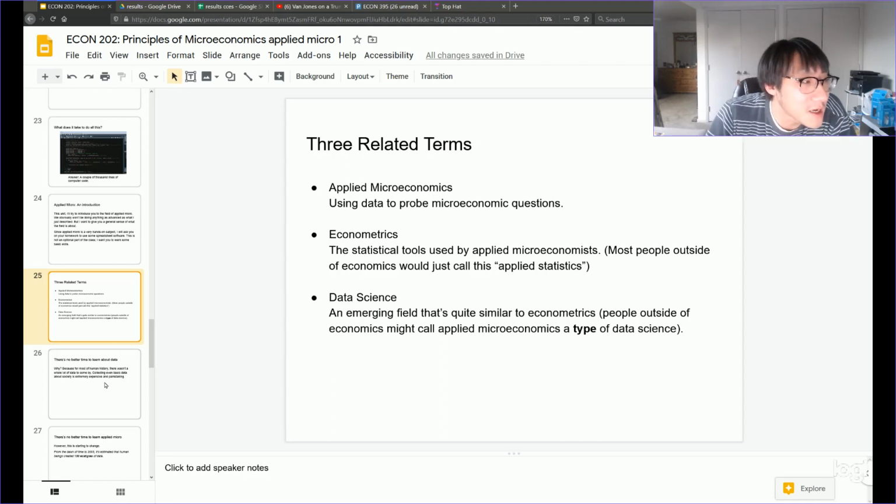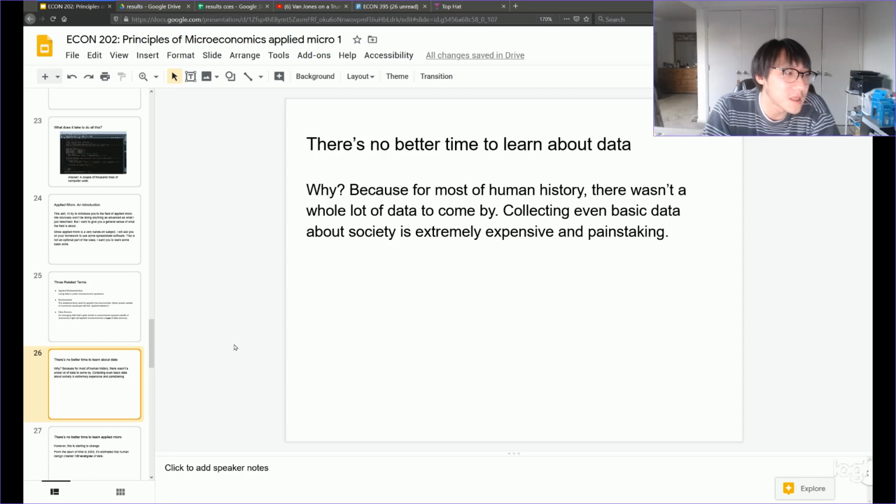And I want to try to convince you, if you think that this is something you might be interested in, that there's really no better time in history than the present to learn how to work with data and how to analyze data. Because, well, for the whole of human history, there really wasn't a lot of good data to come by.